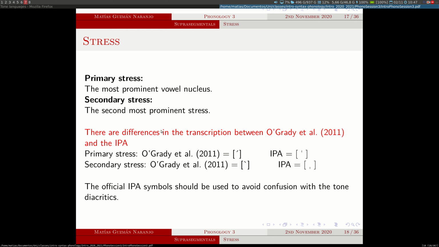You have primary stress and secondary stress, and primary stress is the most prominent syllable. Secondary stress marks syllables which are a little bit more prominent but less prominent than the most prominent one. There are two diacritics to mark stress. The diacritic here on top marks primary stress, and the diacritic here on the bottom marks secondary stress.